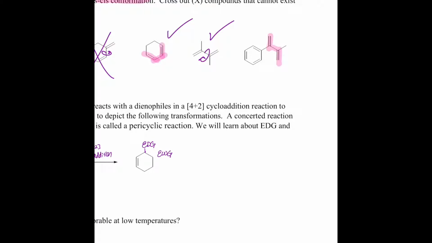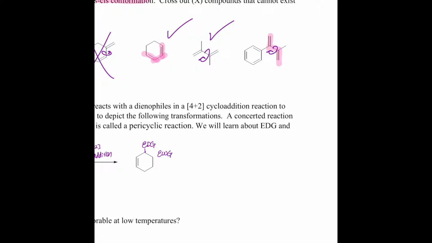You can see that this is a trans, and we need it to be a cis. But you're looking at it and it's like, oh, there's a ring right here. Well, this ring we don't care about, because the single bond that we're interested in is not included in this ring. If it's in a ring, it can't rotate. But if there's a ring that's off to the side, then we don't care about that.